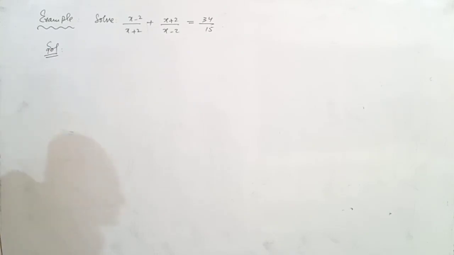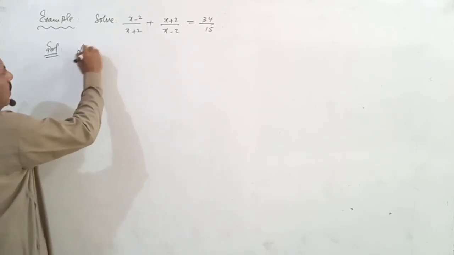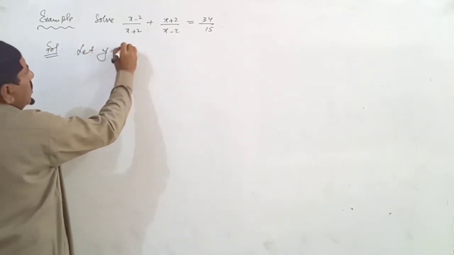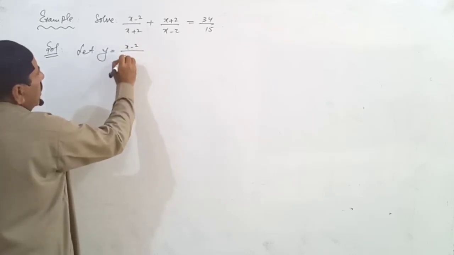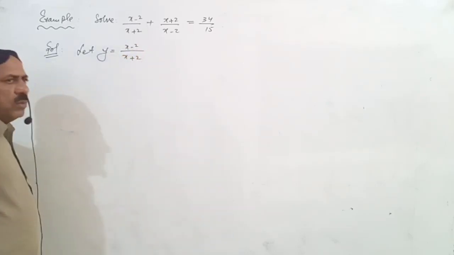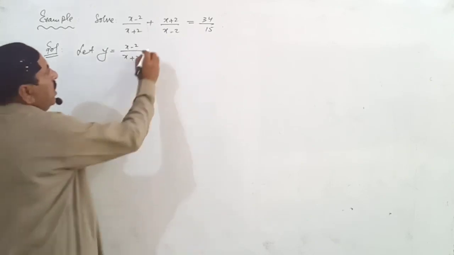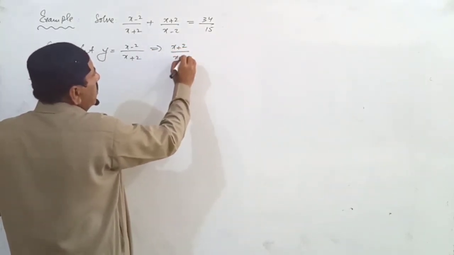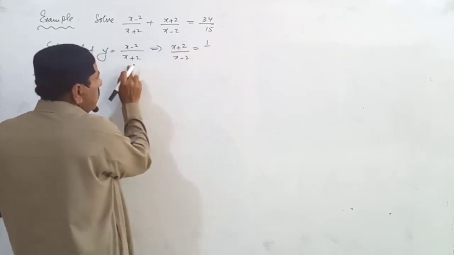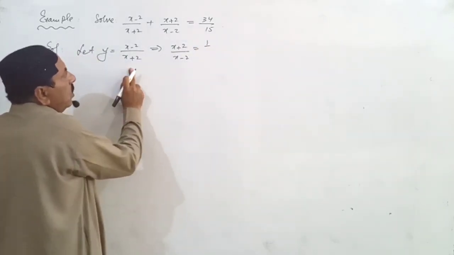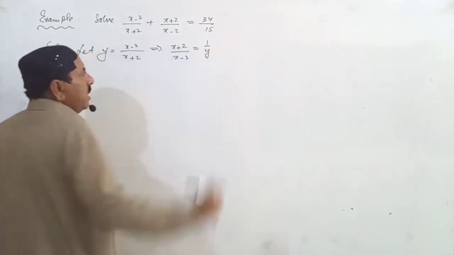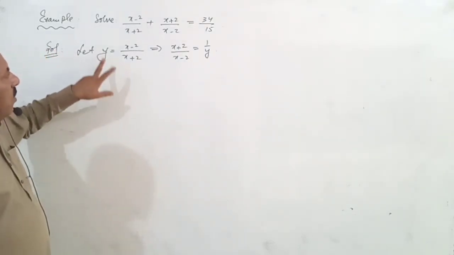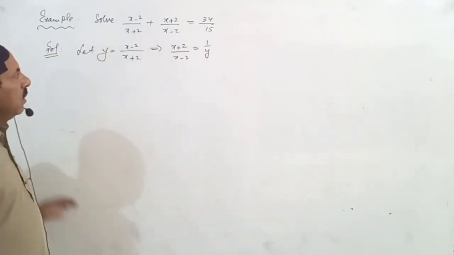So if we write, let y is equal to (x minus 2) upon (x plus 2). So it implies that (x plus 2) upon (x minus 2), which is the reciprocal of (x minus 2) upon (x plus 2), we will also write as the reciprocal of y, which is 1 upon y.